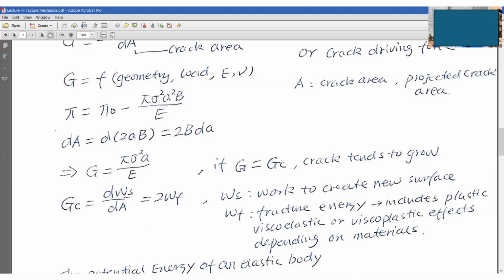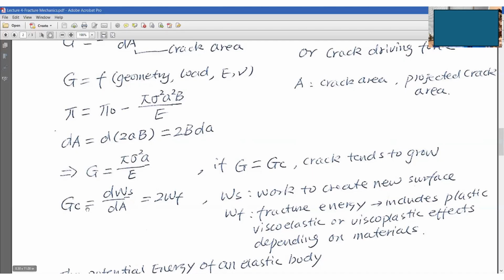If G equals GC, and GC is the critical energy release rate, our assumption is that GC is a material property that does not change if the crack length or the geometry of the cracked body changes. It is constant, independent of crack length and geometry. This is our assumption, okay?